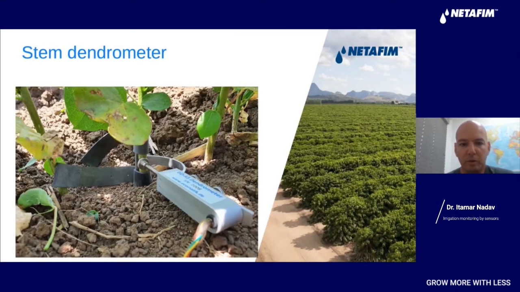And here you can see also stem dendrometers for cotton, and you can place it also on corn and other plants, and it can give you good information about the crop development. So it's not only for tree crops.